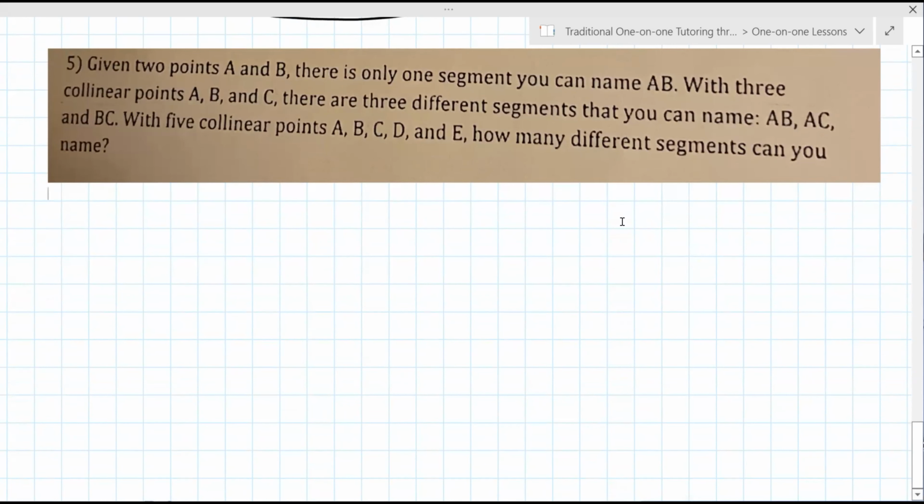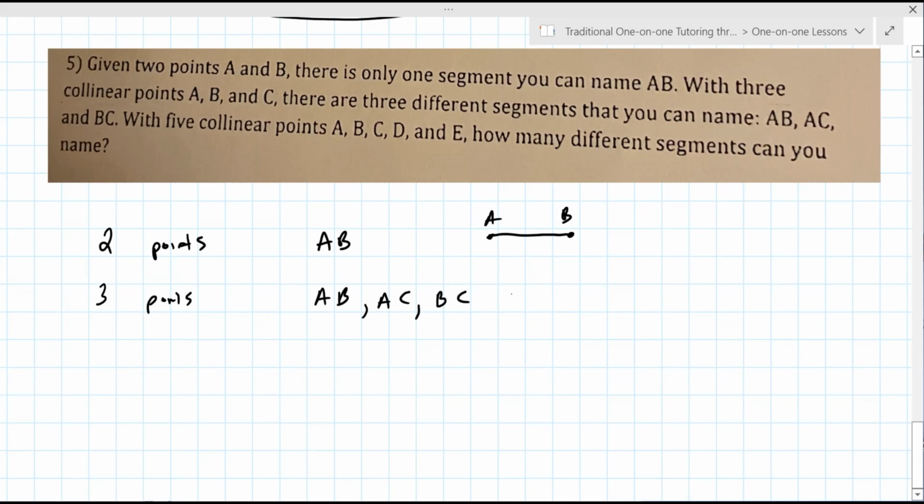So it's saying if you have 2 points, you can just go A and B. With 3 points, though, you can go AB, AC, and BC. So here, let me give you a picture. Here's A, here's B, and here's C. And they're saying you can go AB, AC, the whole distance, or BC.